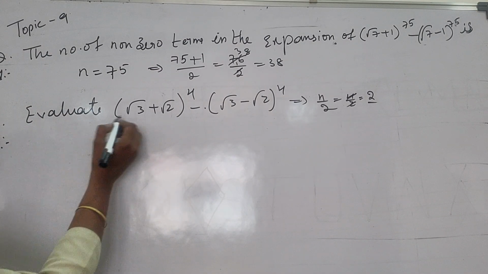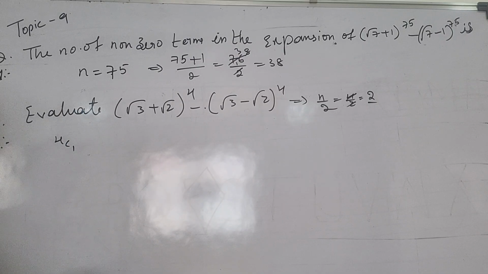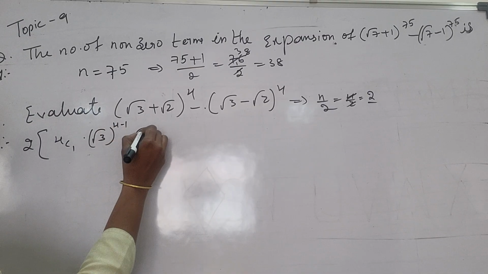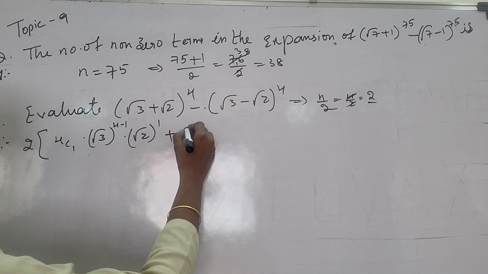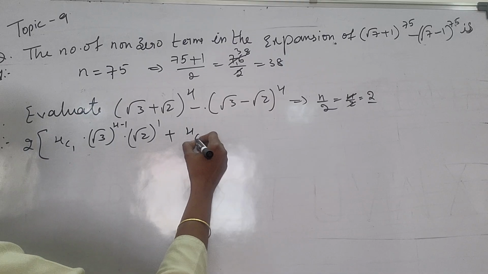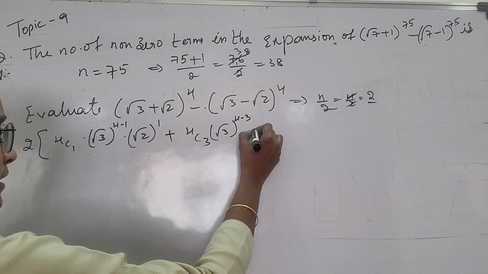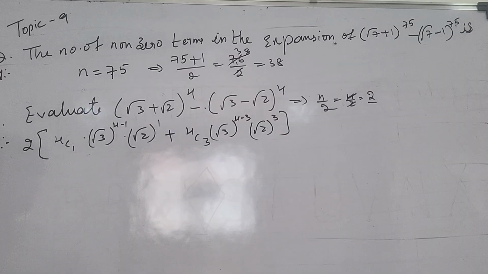So, what is the answer of this? 2 of 4C1 odd terms, 4C1 into root 3 to the power 4 minus 1 into root 2 to the power 1, plus, for all plus terms only, because minus minus already have cancelled. This is odd. Root 3 whole power of 4 minus 3 root 2 whole power of 3. Like this you got it.